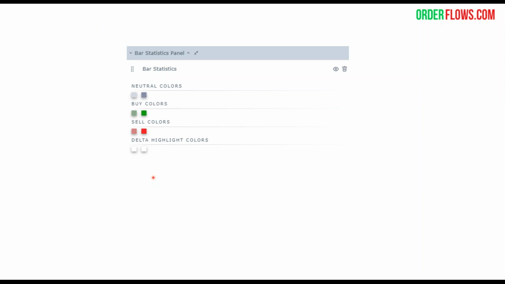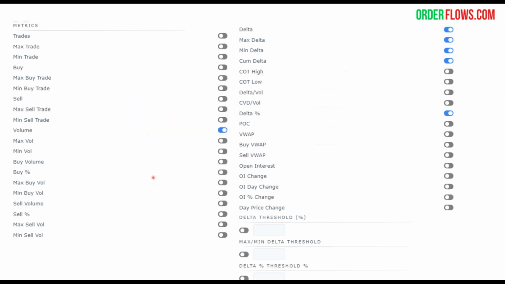Then you get into the bar statistics, right? This is an overlooked area for a lot of traders. They don't want to get caught up in things like delta, but there's a lot of information there, and you can get all these metrics in here. I don't use them all. I use the ones that I find useful for my own trading.